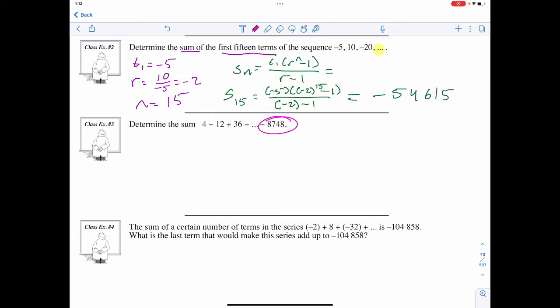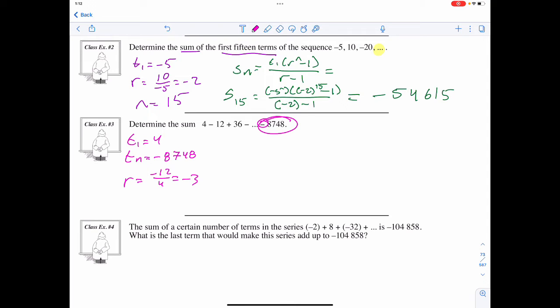So I'm going to say that T1 is 4, Tn is -8748, remembering that the sign beside the term does matter, and that the r value is -12 divided by 4, or -3.